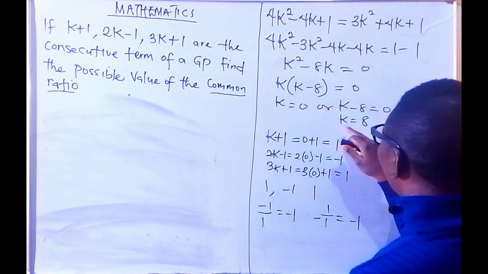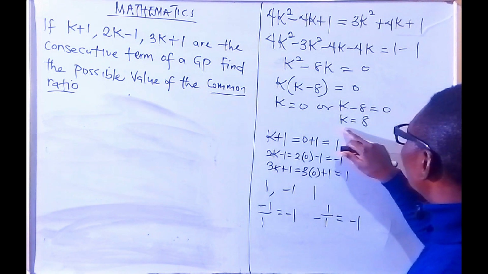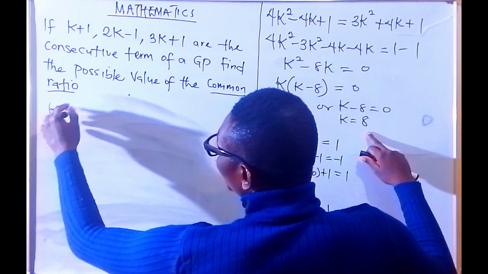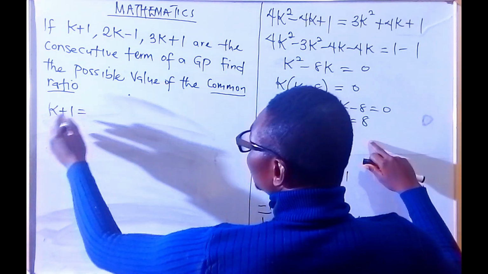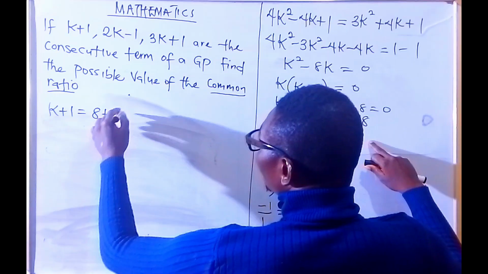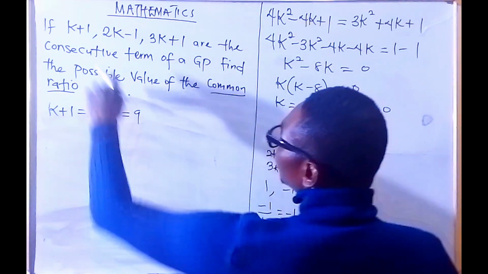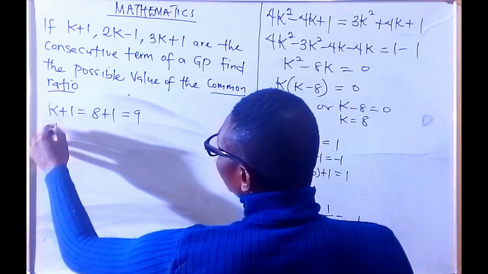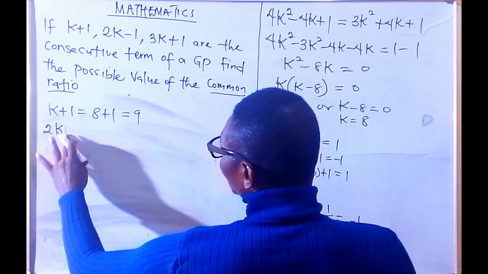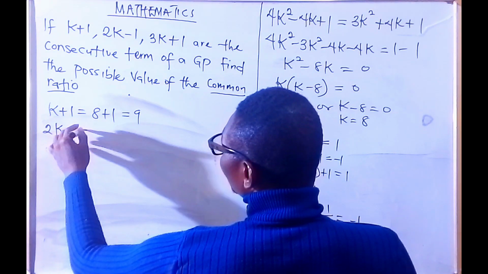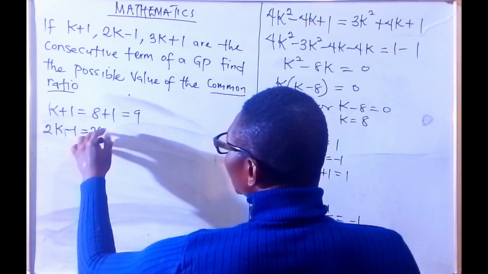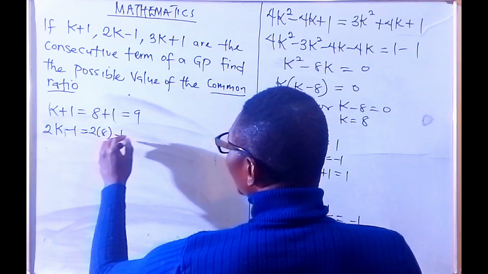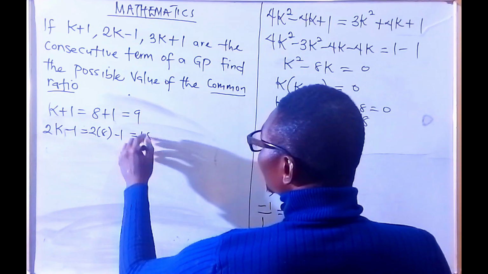Now, we represent k to be equal to 8. So k plus 1 is equal to 8 plus 1, which is equal to what? 9. So the first term is 9. Let's see the second term. The second term, 2k minus 1, will be equal to 2 into 8 minus 1, which will be 15.